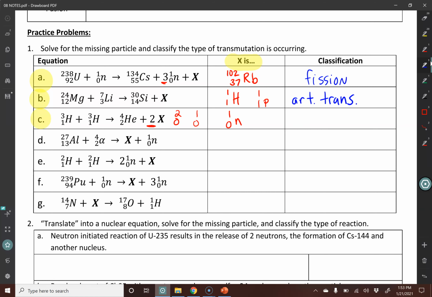And question 1C, I see 2 different isotopes of hydrogen fusing together to make a larger nuclei, and we also produce a couple of neutrons. Yeah, that is a fusion reaction. Excellent. Definitely take some time to practice with those 4 remaining equations.